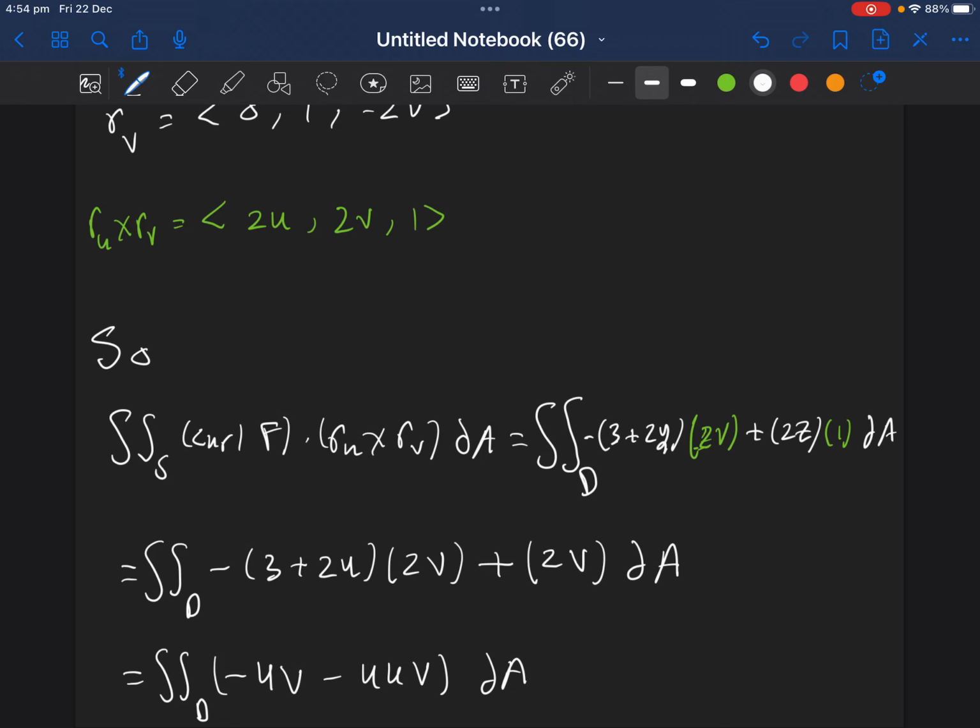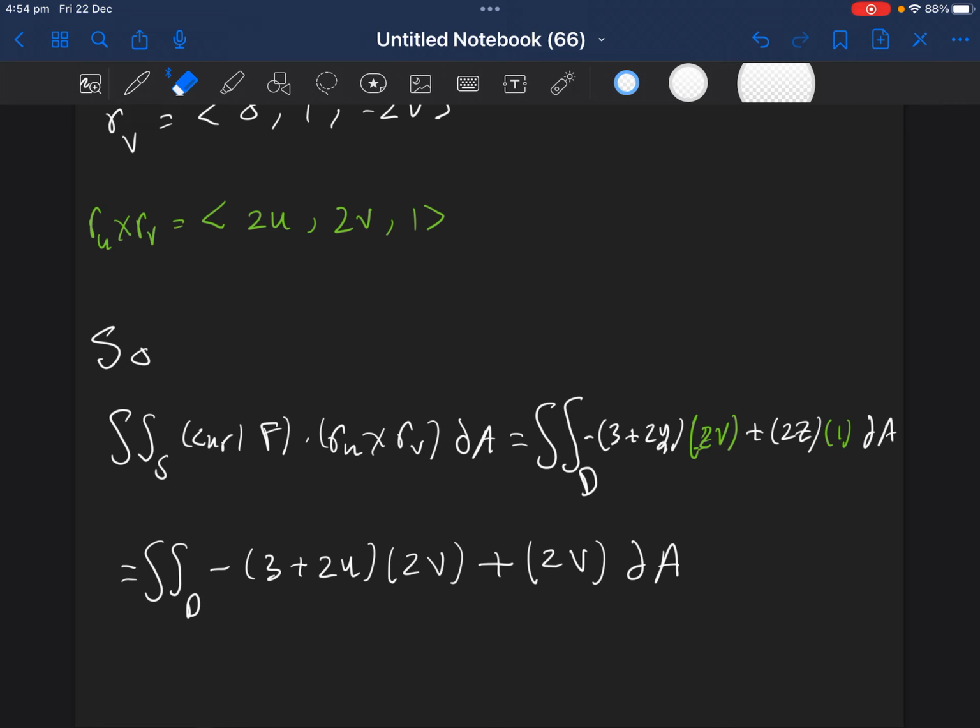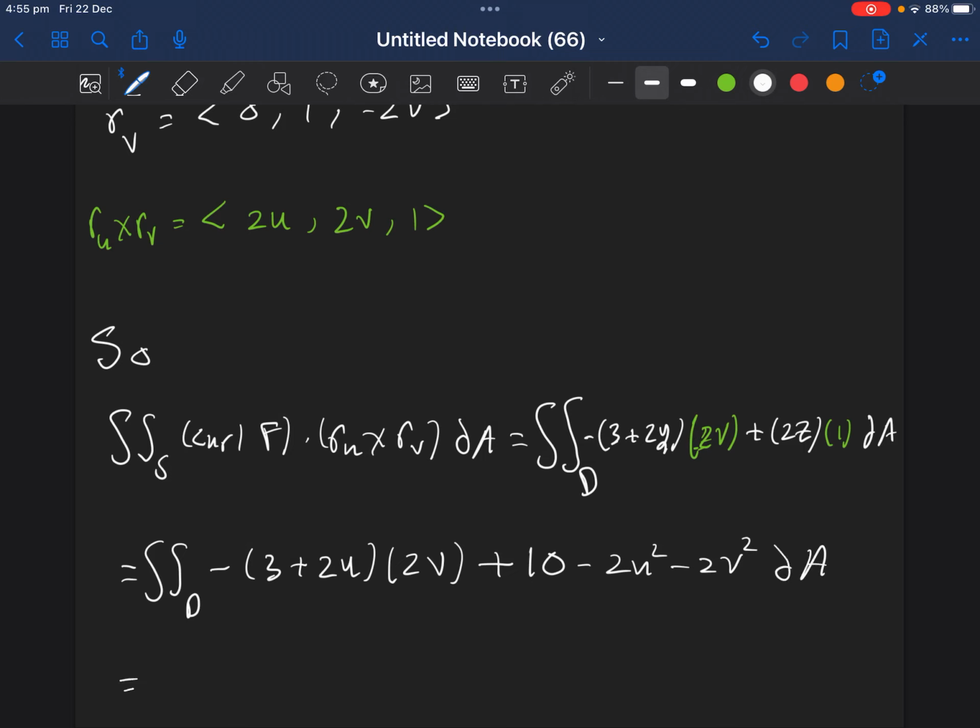Oh, I'm sorry, I think I made a mistake here. The 2z, the z is 5 minus u squared minus v squared. So there's a mistake here. I can just cancel this one here and go back here. So this would be what? It would be 10 minus 2u squared minus 2v squared dA.